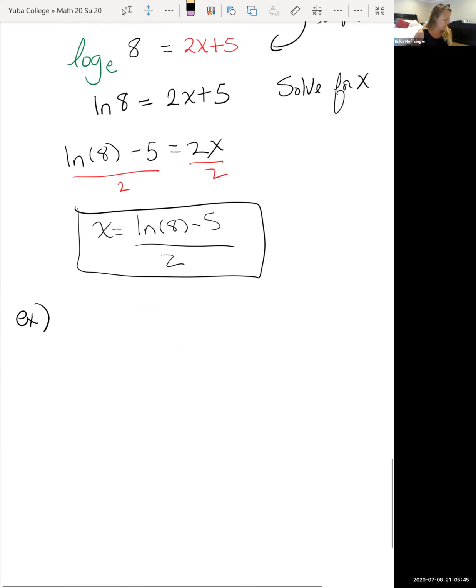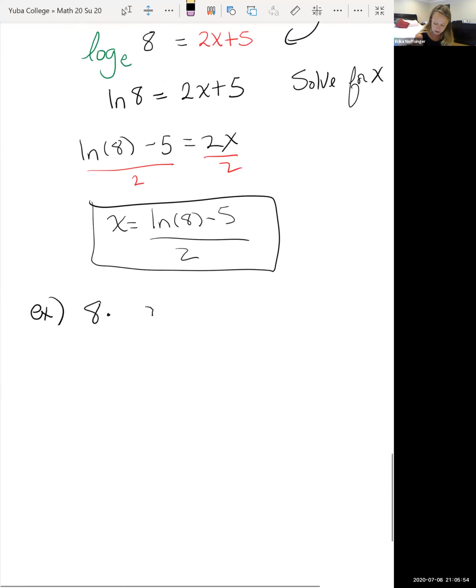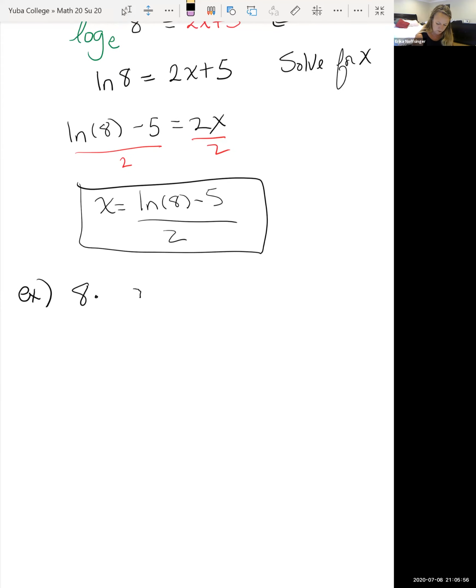So what if it had been 8 times 10, all raised to the 2x minus 7, is equal to 3.